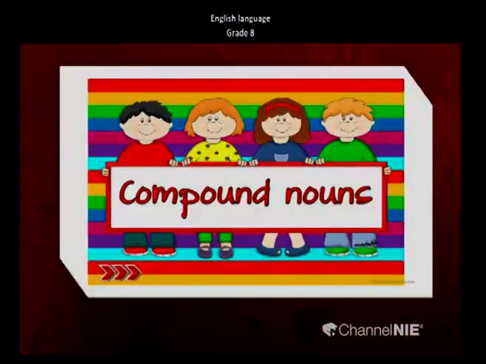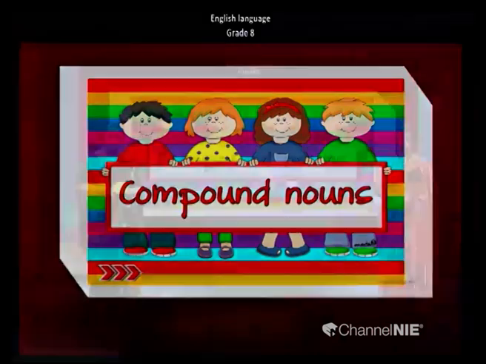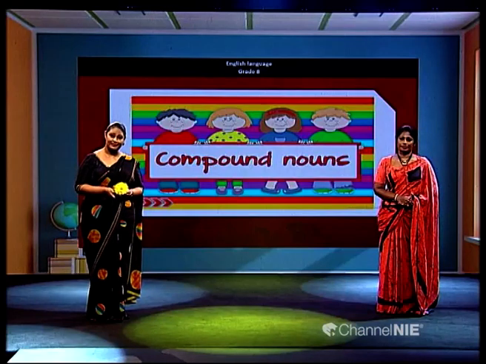So we are going to learn compound nouns today. It is a type of noun. You know what nouns are, children, right? Remember the word, learn the word compound nouns. As we talked about sunflowers, this is how we started the lesson. Sun and flower, sunflower.